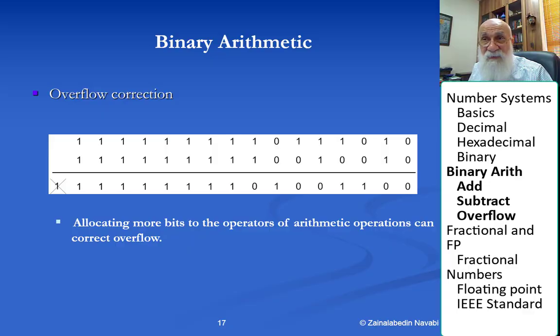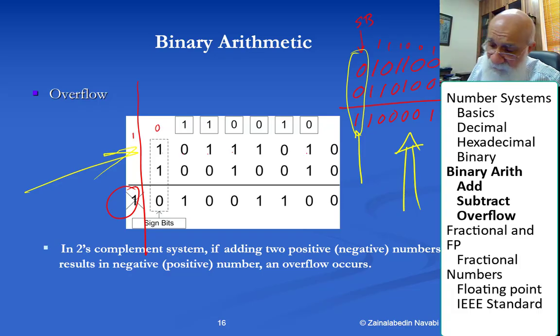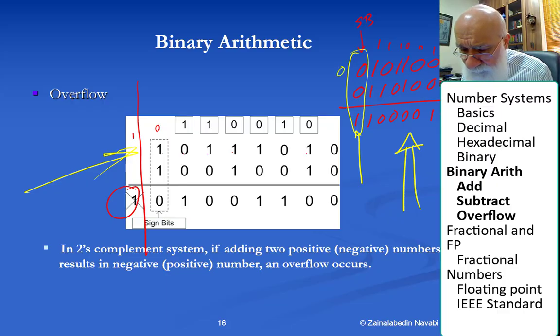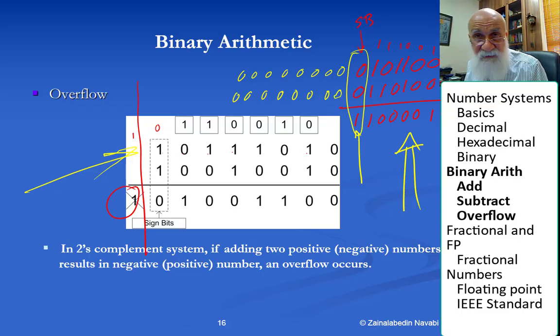And then if you are going to 16 bits, you do what is called sign extension. So let's do this, for example. If I were to extend this into 16 bits, I would put 1, 2, 3, 4, 5, 6, 7, 8 zeros here. I would put 8 zeros to the left of this.